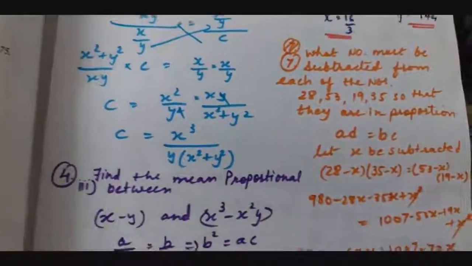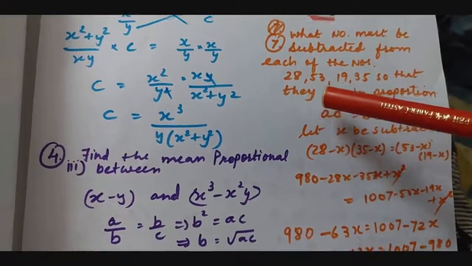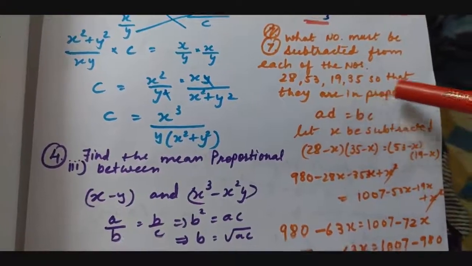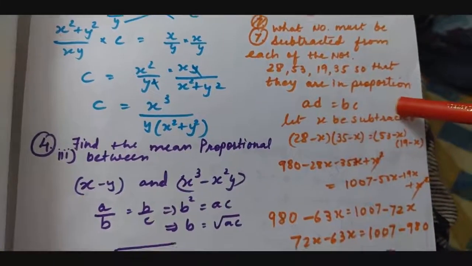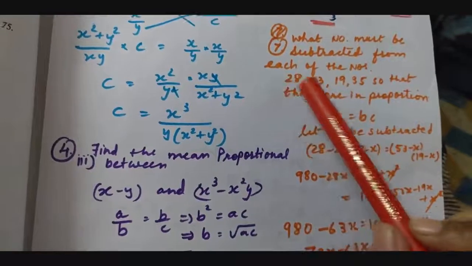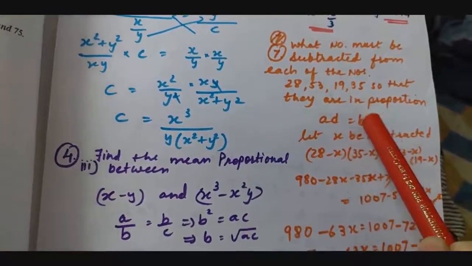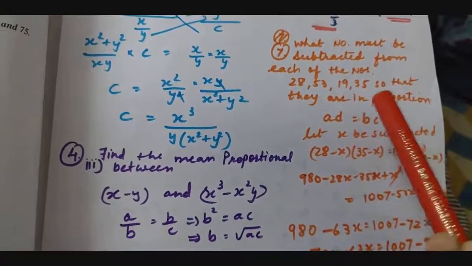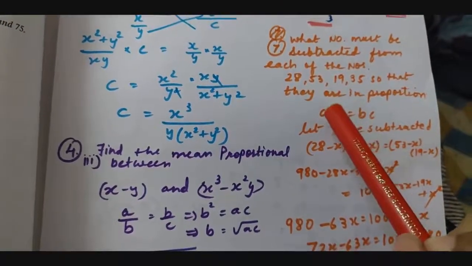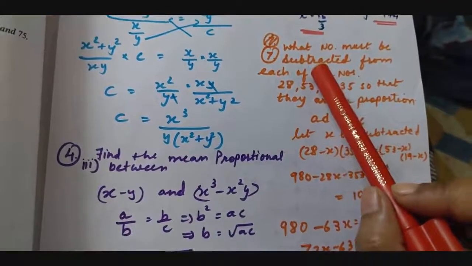What number must be subtracted from each of the numbers 28, 53, 19, 35 so that they are in proportion? Means which number from each of these numbers we subtract so that they will be in proportion. Same type of question you can solve if instead of subtraction, addition is given.